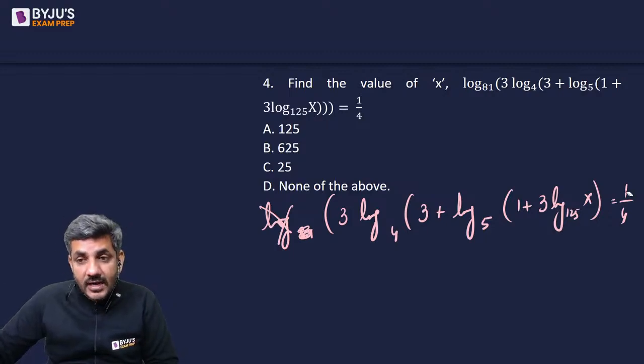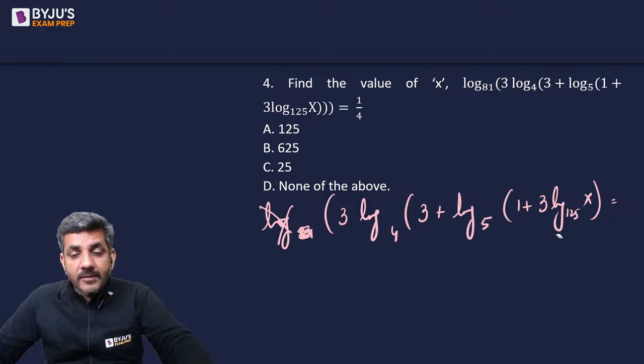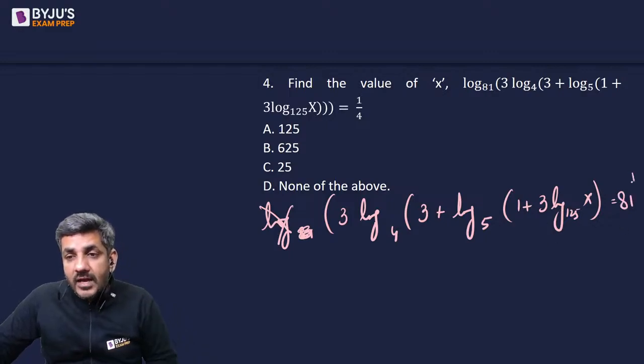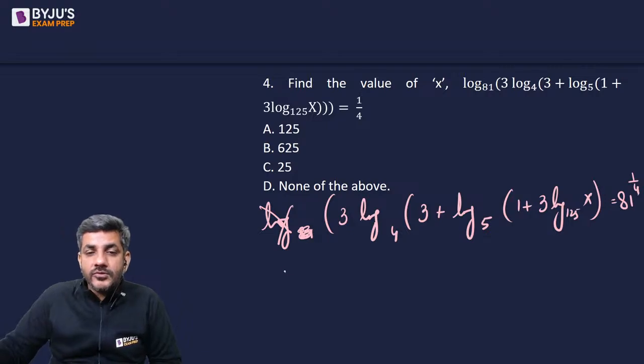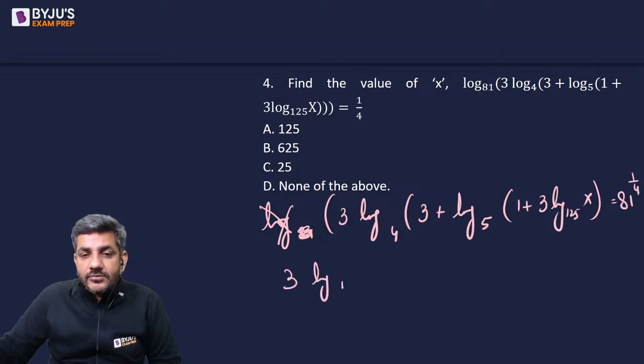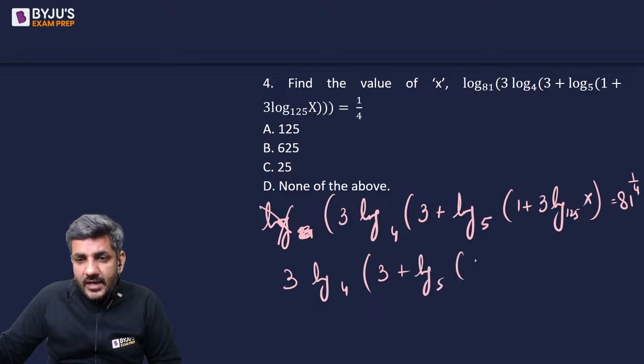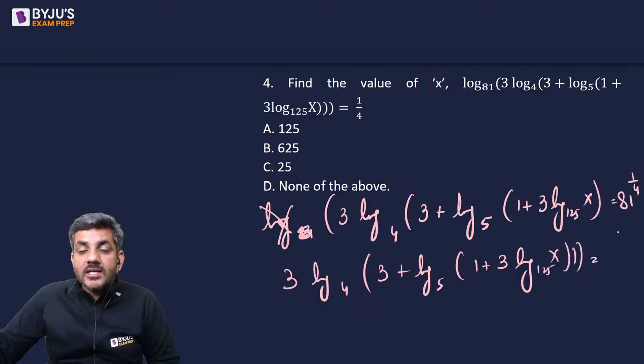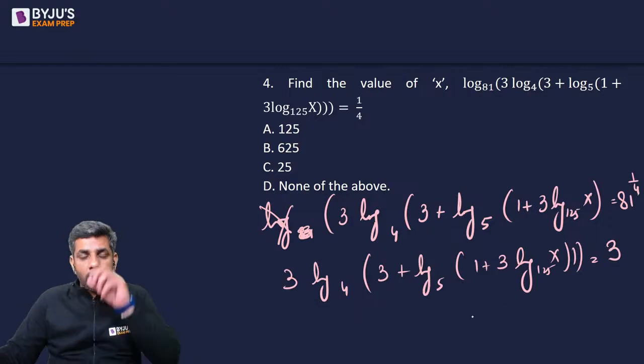So on the right hand side, rather than having 1 by 4, I will have 81 to the power 1 by 4. So it will become 3 times log of base 4 of 3 plus log of base 5 of 1 plus 3 times log of x with base 125.